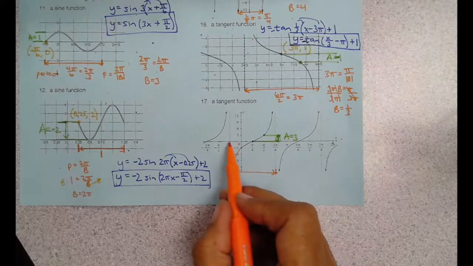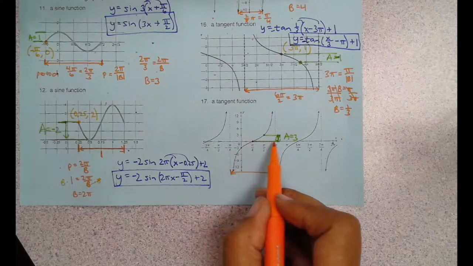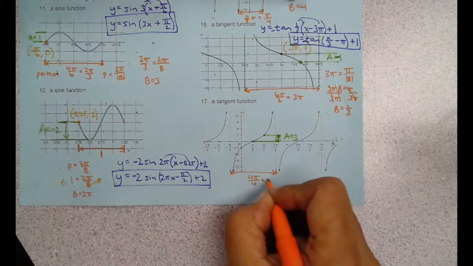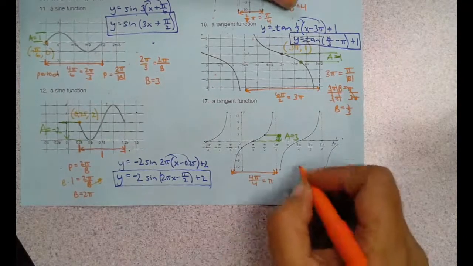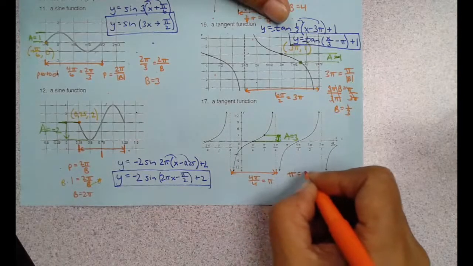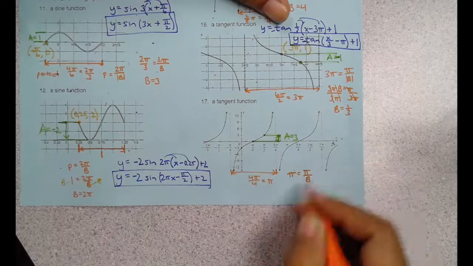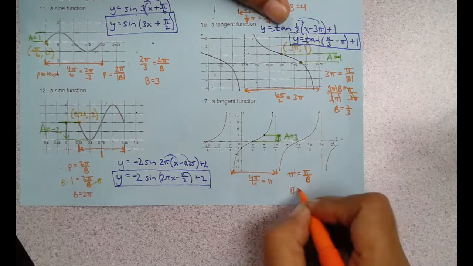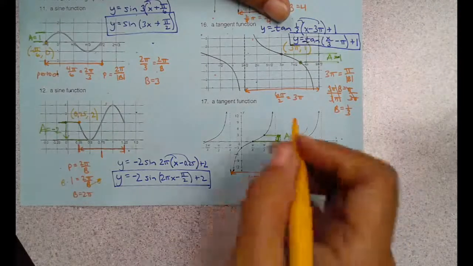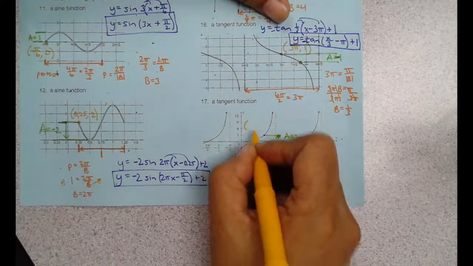This goes by fourths. 1/4, 2/4, 3/4, 4/4. And 4 pi over 4 is just 1 pi. This is actually a normal b value, right? Because the period is pi, which equals pi over b, and b is 1 because it's a normal cycle. All right, and then our reference point is this point right here, which is pi over 4, 0.